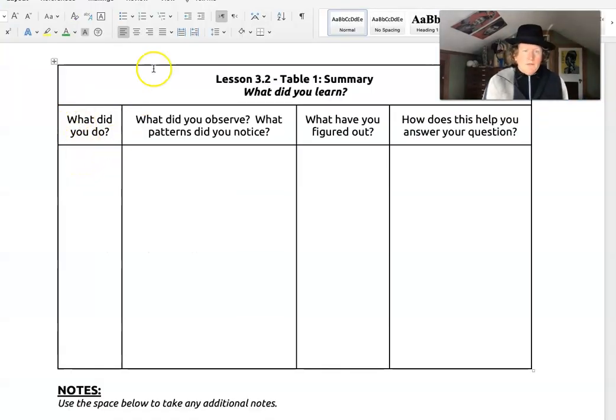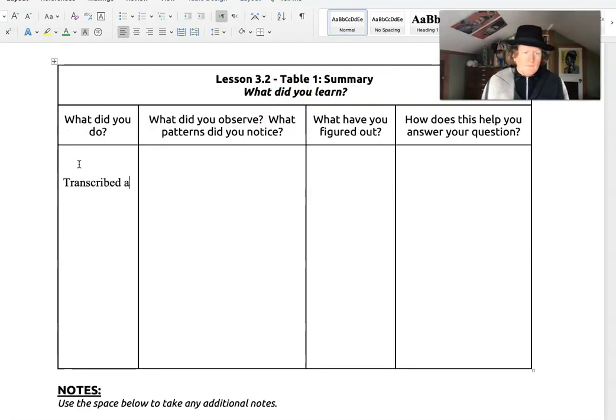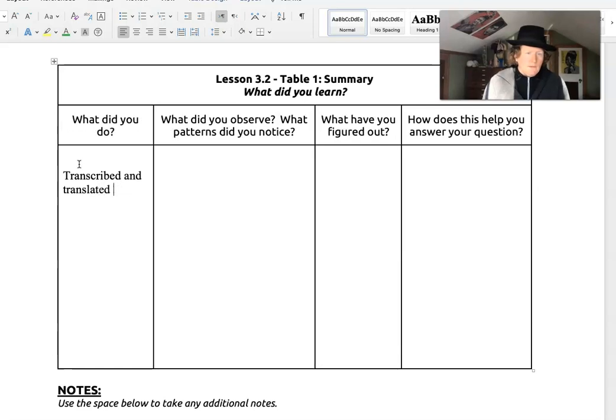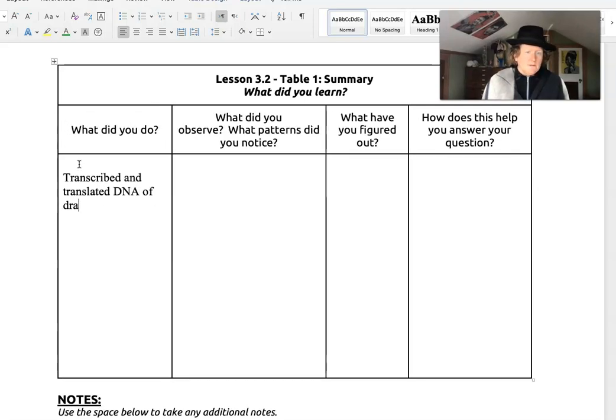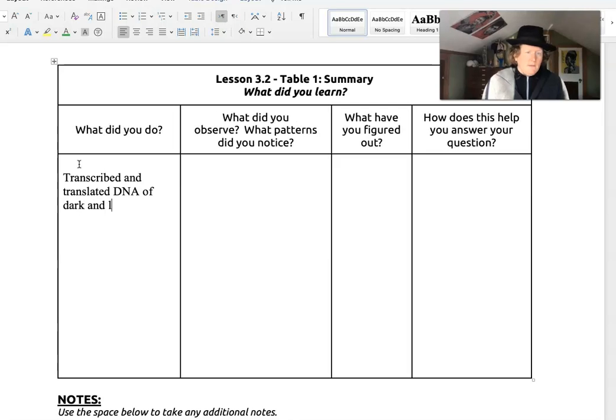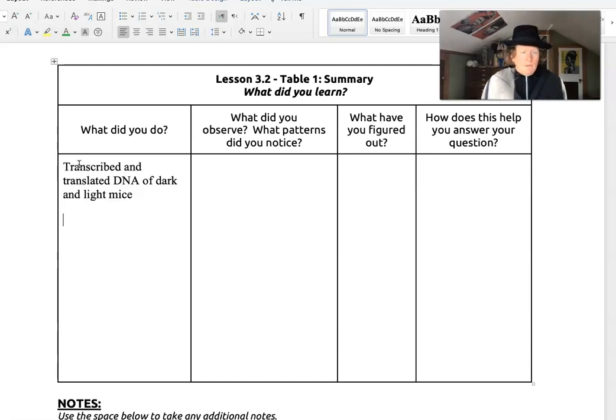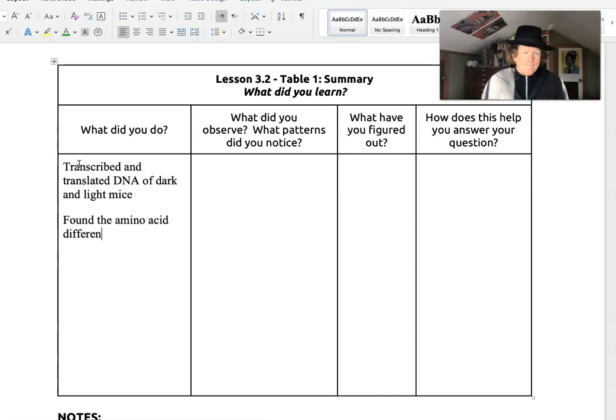So here's the lesson 3.2, table 1 summary. What did we do? We transcribed and translated the DNA of dark and light mice. And we also found the amino acid difference.